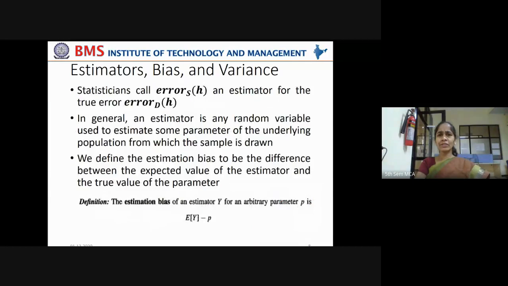Now, statisticians call this sample error an estimator for the true error, error D of H. Correct, right? We are just estimating how well your machine learning model performs with the sample. That is why it is called an estimator.